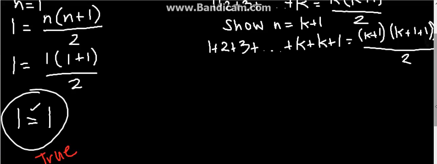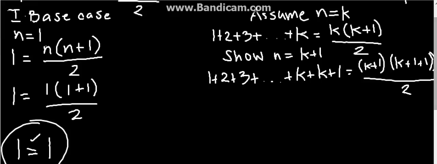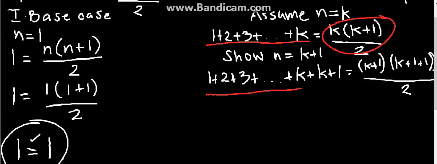So from here, we can see that this right here is the same as this right here. So that means that we can use this equation to replace this one. So let's just go ahead and do that.